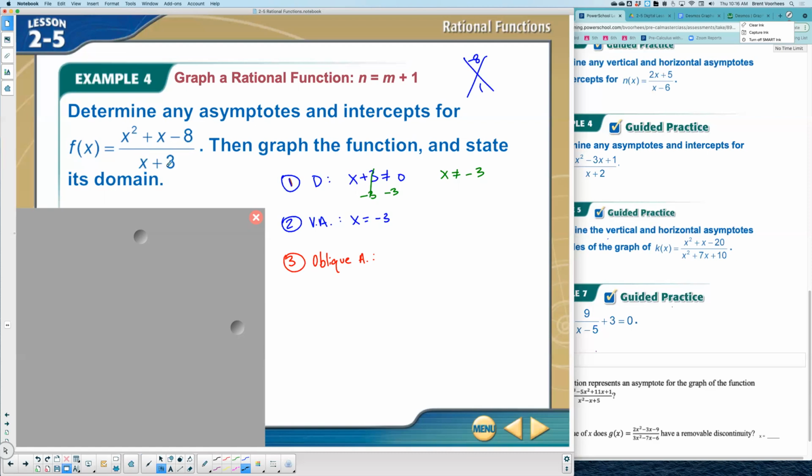On this one, it would be really simple to find. If we did synthetic, I'm dividing by -3. So I take the -3, because that's what x equals in the denominator, and divide that into 1x squared, 1x, and -8.